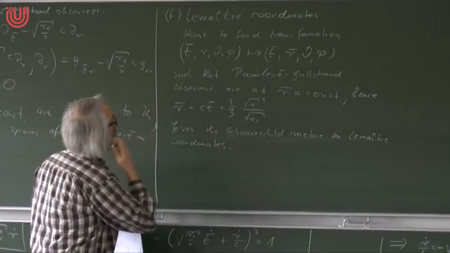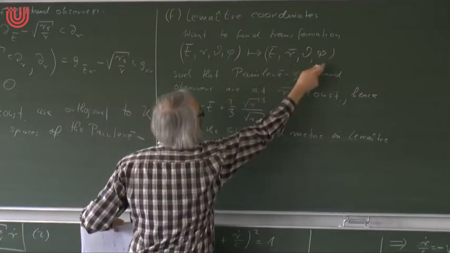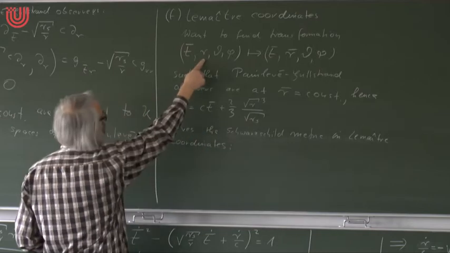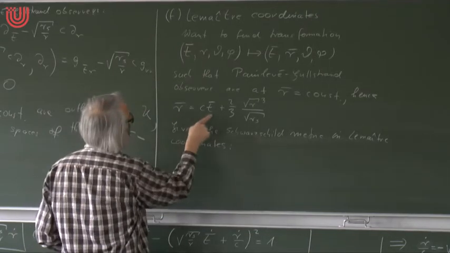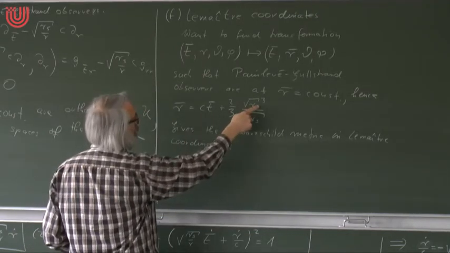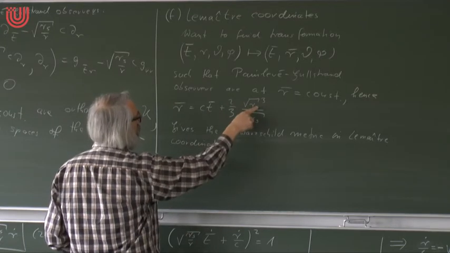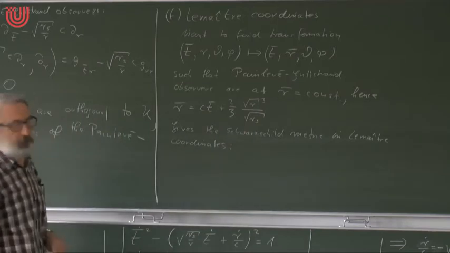So the coordinates are now t bar, r bar, theta, and phi. So I have to replace r in terms of r bar and t bar with the help of this equation. I solve this for r, and then I calculate dr, and I insert this into the metric.